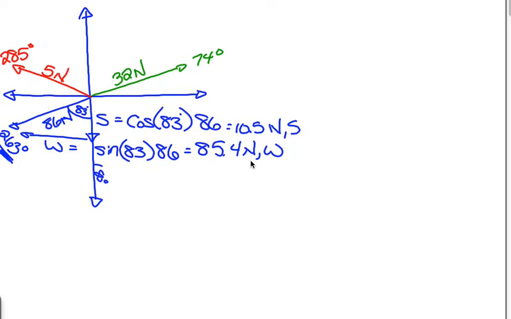And the N doesn't stand for north, the N stands for Newton. So we find out that we're going 10.5 newtons south and we're going 85.4 newtons west.